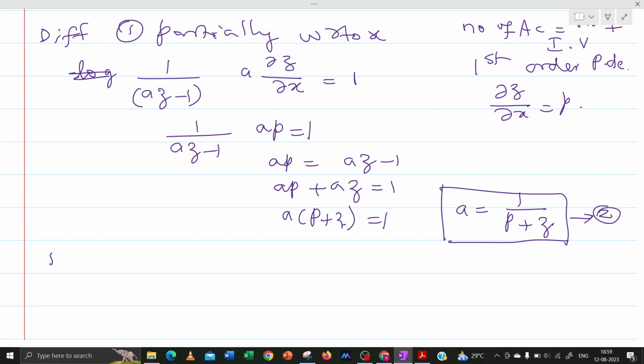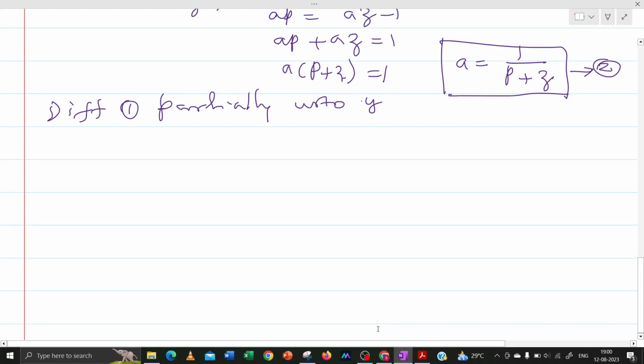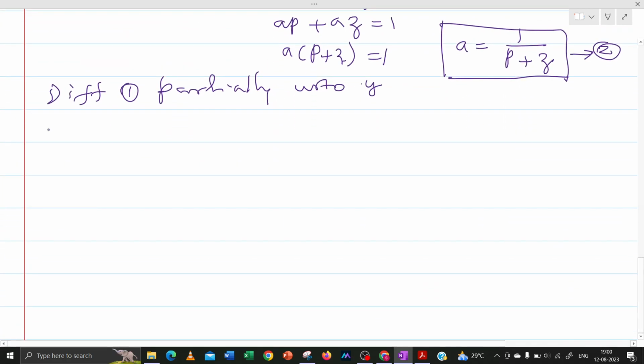Then differentiating 1 partially with respect to y, we got, okay, what is the given equation here? Log(az minus 1). Log(az minus 1) is 1 by (az minus 1).